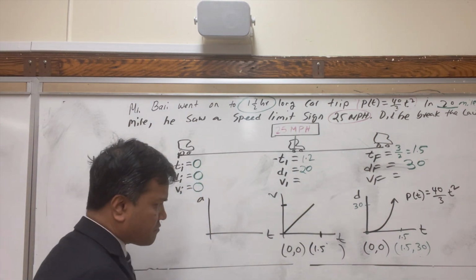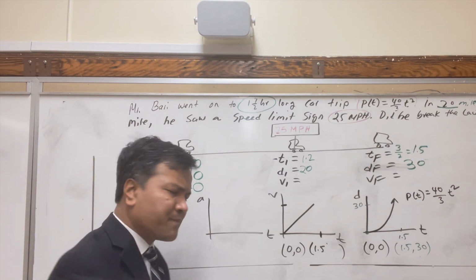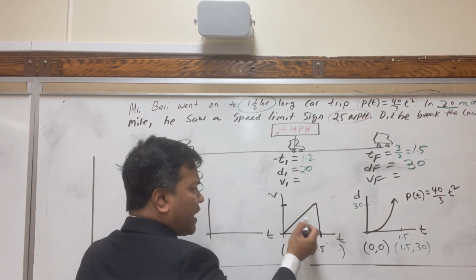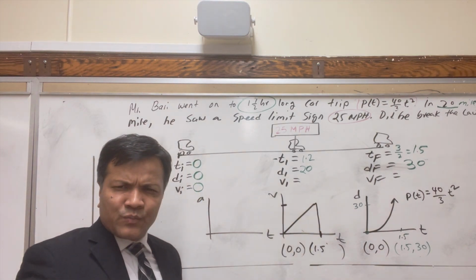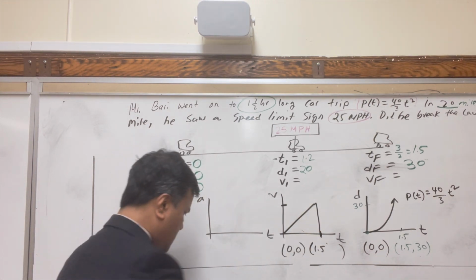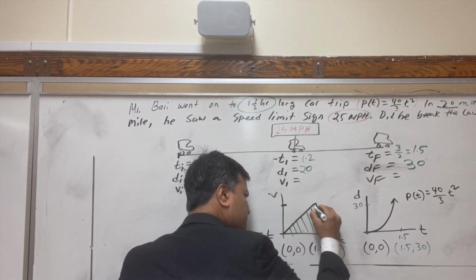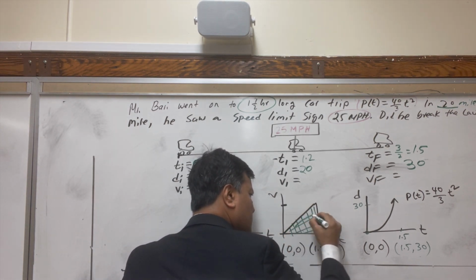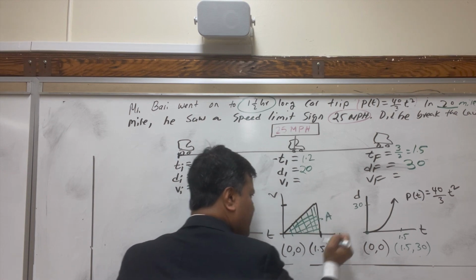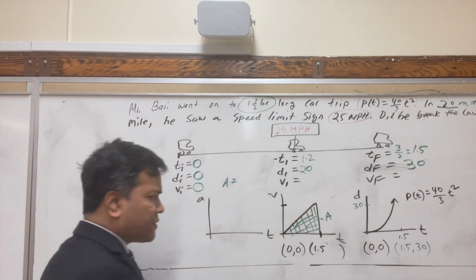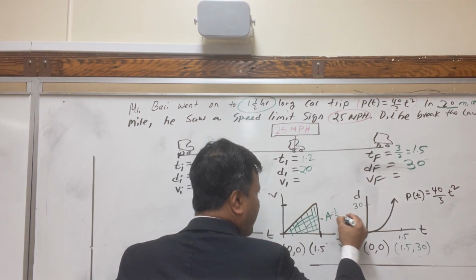Now let's do the geometry. Is this a triangle or rectangle? Of course, a triangle. And we know the name of the area of this triangle. This is called area. Area has an equation, half BH.